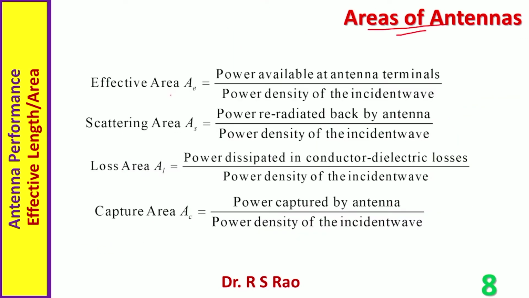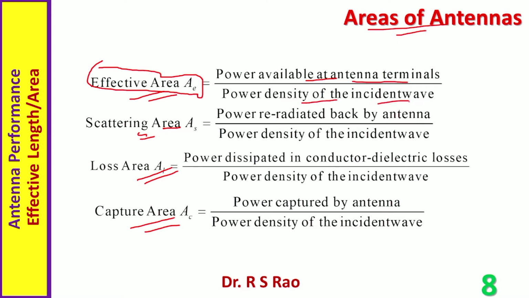Areas of antennas defined here are effective area, scattering area, loss area, and capture area. Out of these four, effective area has certain special significance. It is by definition the power available at antenna terminals to the power density of the incident wave. Scattering area AS is the power re-radiated back by the antenna to the power density of the incident wave.